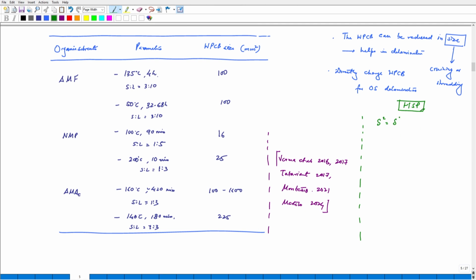So HSP have 3 different components. This is the total value of HSP, and we have delta D, which is the contribution of dispersion forces. Dipolar interactions.